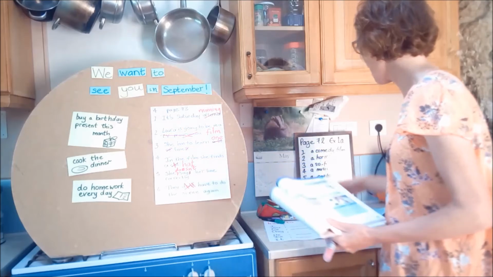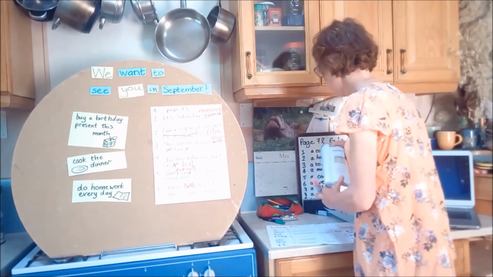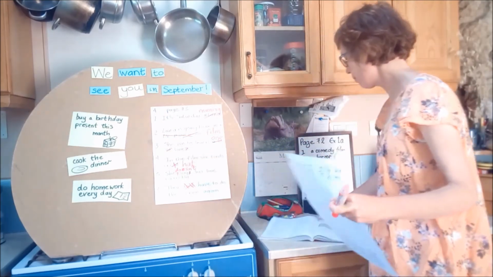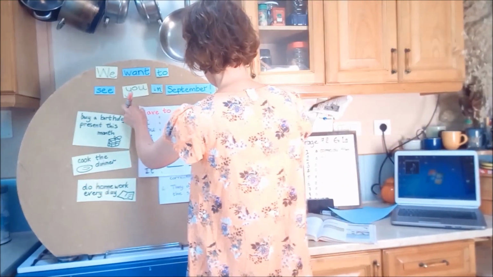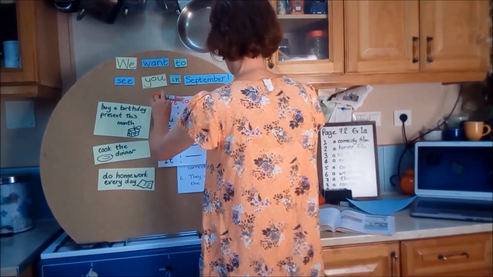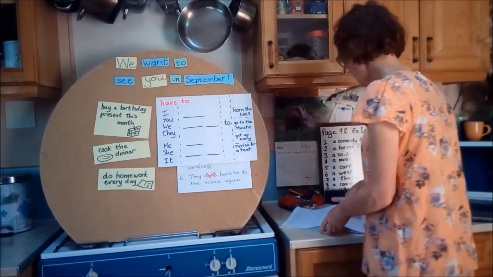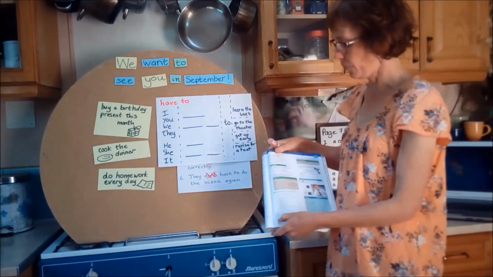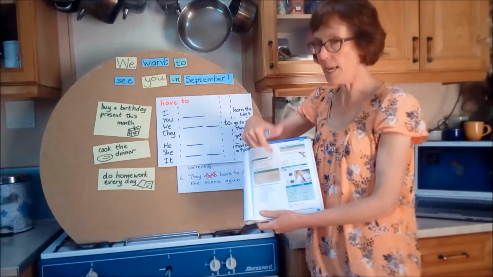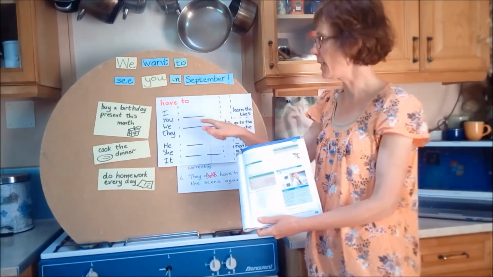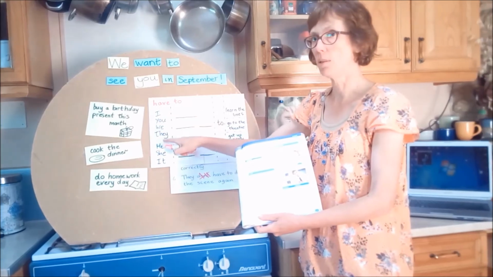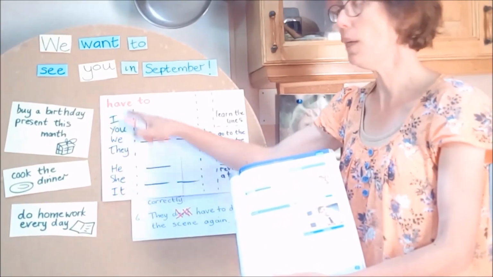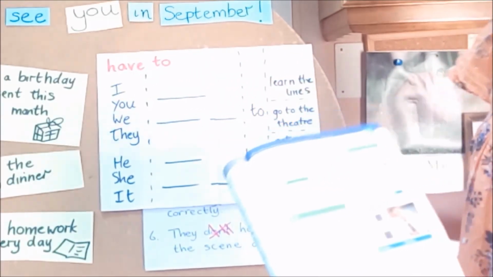Right, let's have a look at have to. So this is this grammar box. Put it on here. Yeah, that's okay. This is this grammar box here. And we're going to fill in the positive and the negative for all the people. Here are the people, here are the pronouns, and English is very easy.